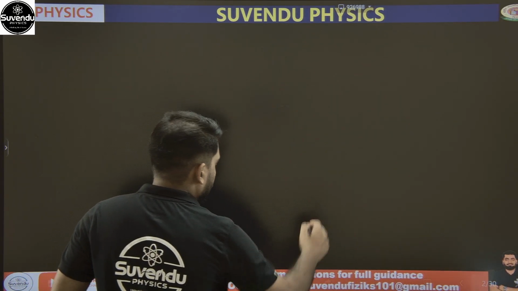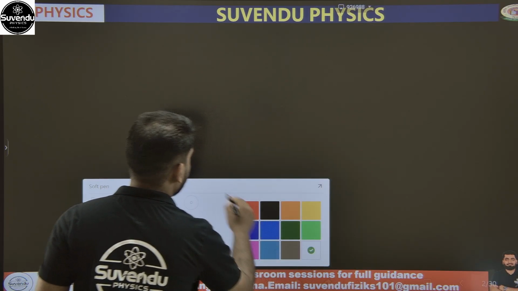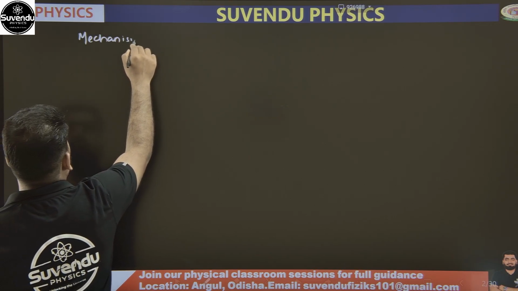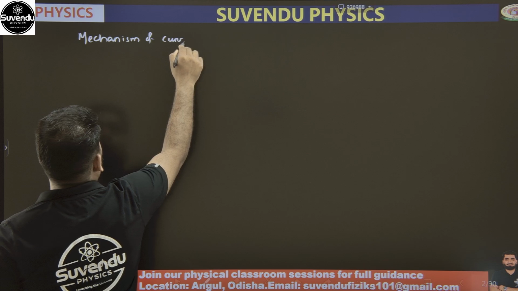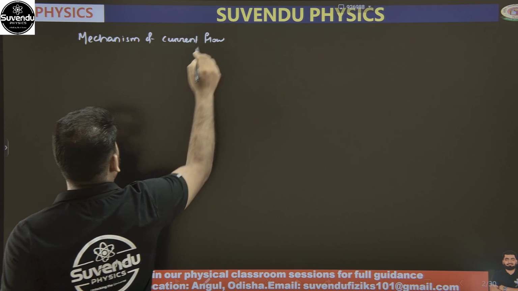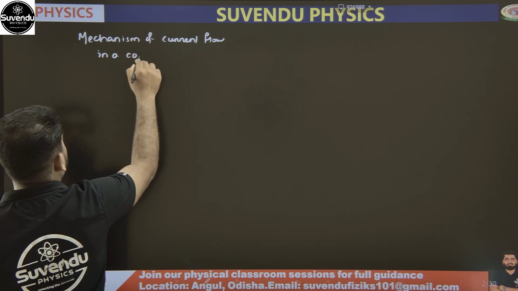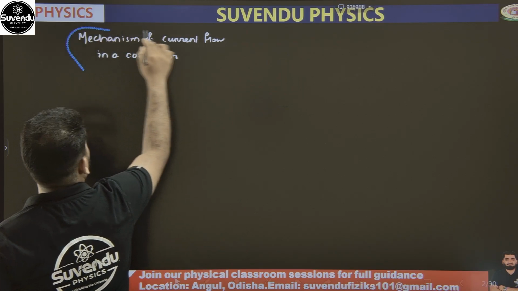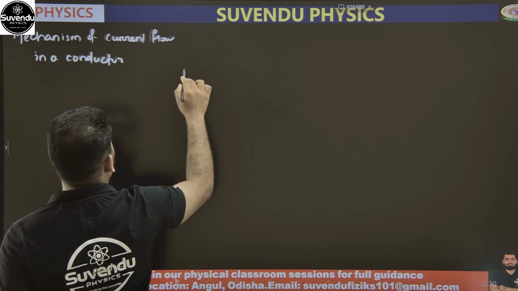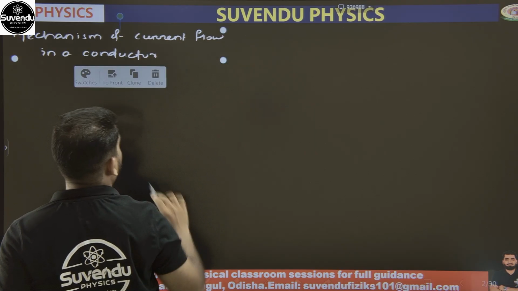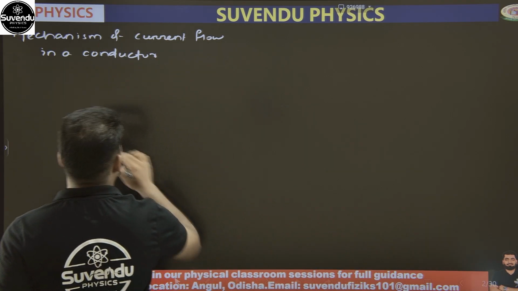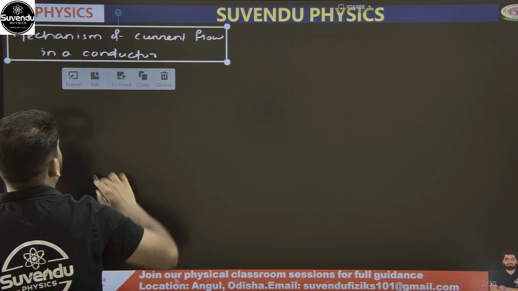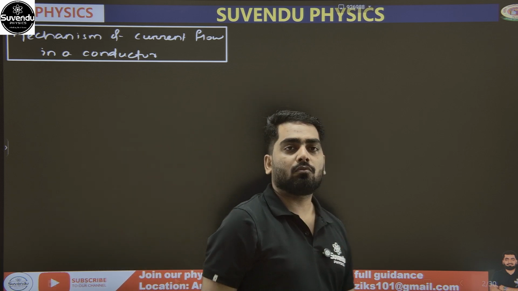So our topic is mechanism of current flow in a conductor. We know when a conductor is not connected with a battery or cell, the amount of current is zero.